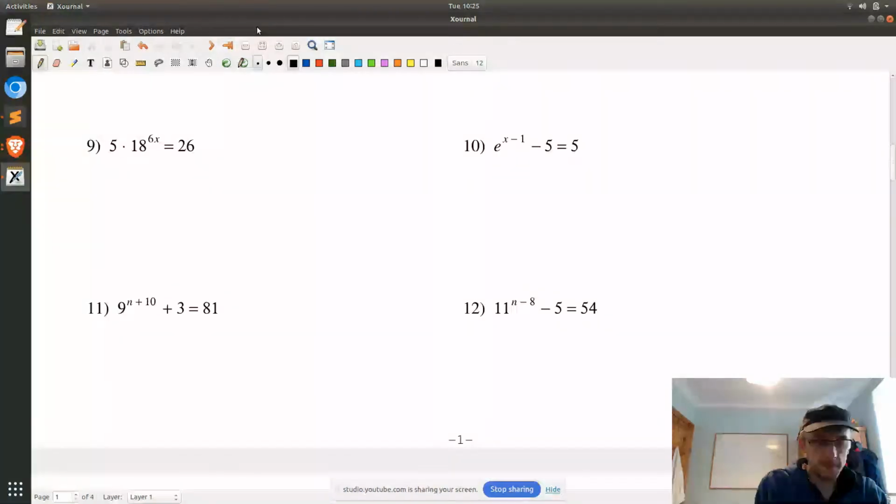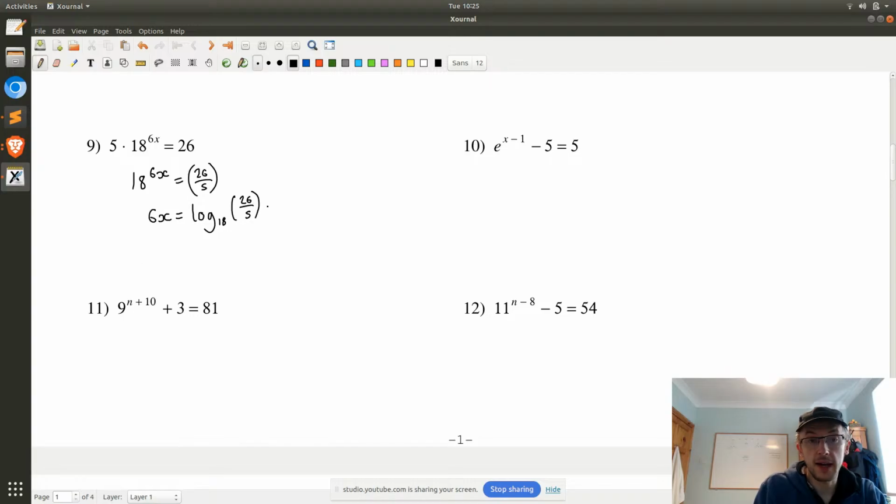Okay. In this case, divide then. So we have 18 to the 6x equals 26 over 5. And then understand that 6x is log base 18 of 26 over 5. And then divide that by 6, and you'll obtain the right answer.